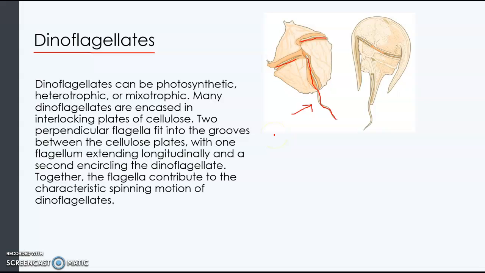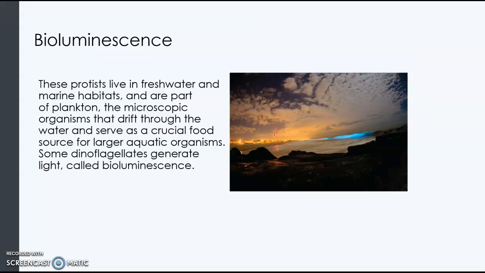Dinoflagellates. So these are in the group alveolates, subgroup alveolates, supergroup chromalveolates. There are protists that contribute to bioluminescence, and that is a bioluminescence that appears in the ocean when it is dark, kind of like fireflies.